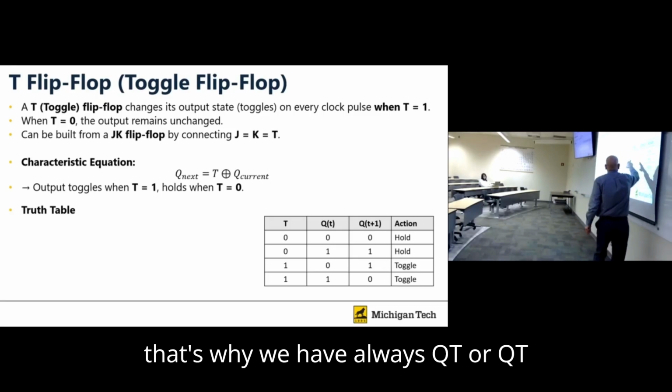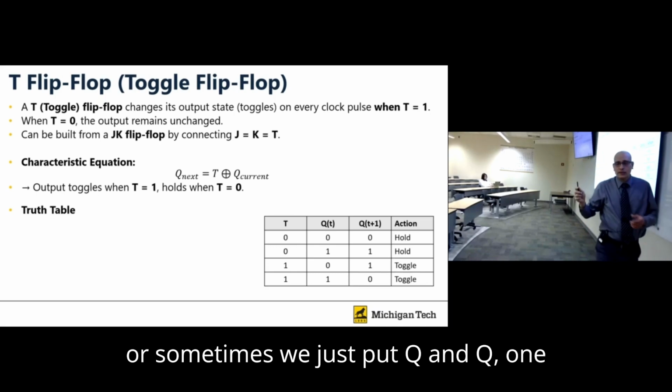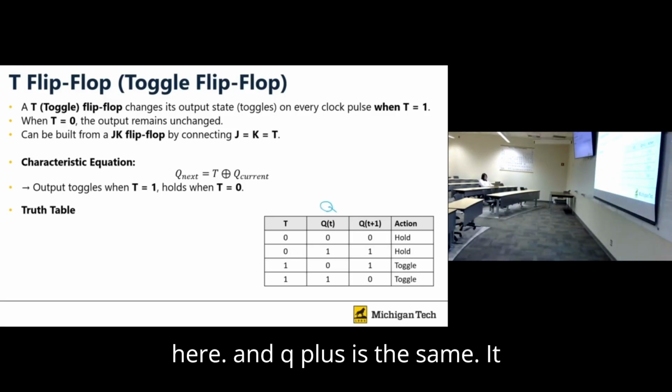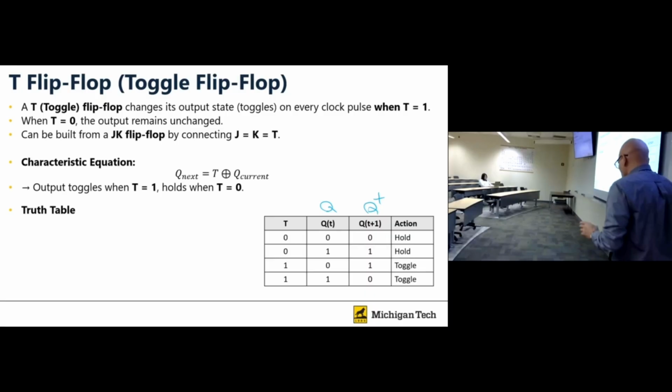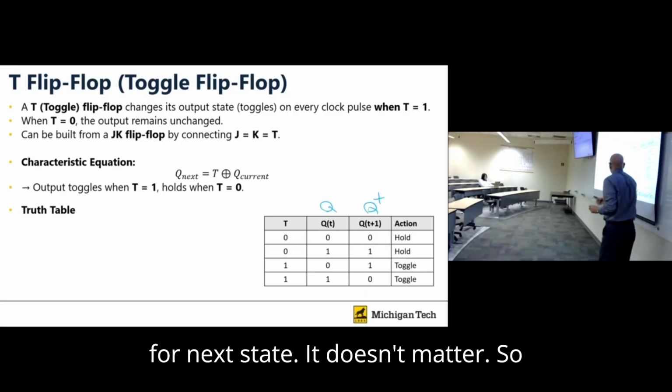That's why we always have Q(t) and Q(t+1). Or sometimes we just put Q and Q plus on top. Q plus means the next step, or next state, doesn't matter.